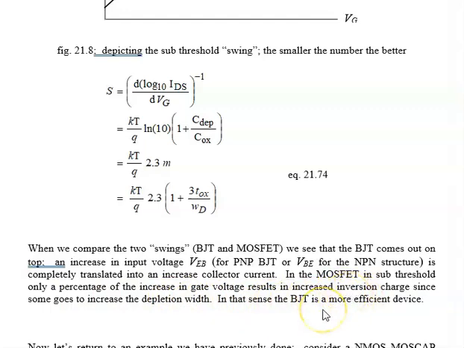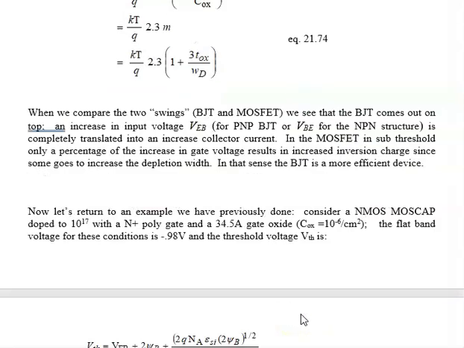Some of it goes where we don't want it. That is increased depletion width. Don't forget the depletion width has not reached its maximum value in subthreshold. It only reaches its maximum value when we get to strong inversion. So in that sense, the BJT is somewhat more efficient. And there are other ways also in which a BJT has some advantages over a MOSFET.